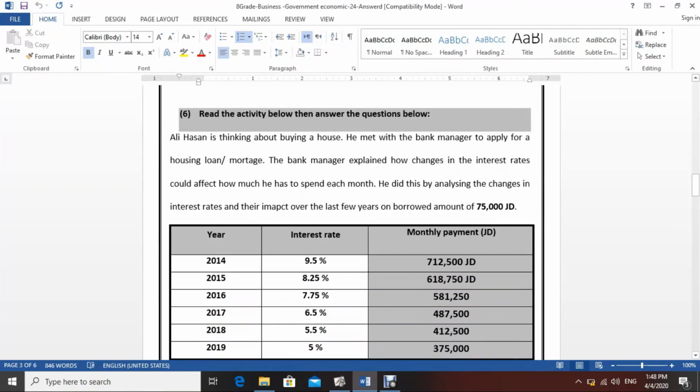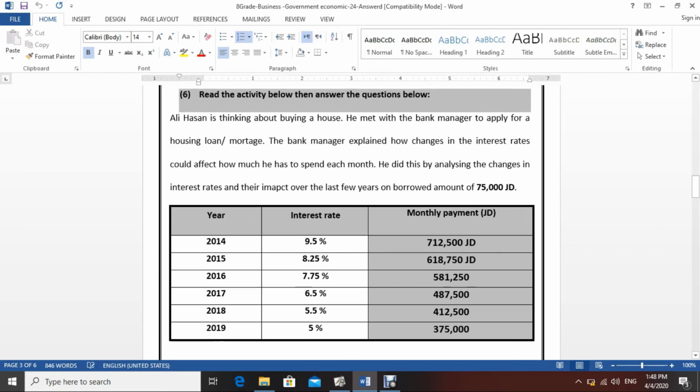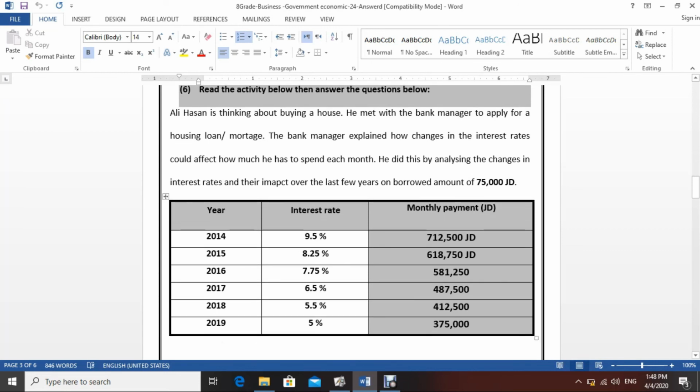Read the activity below. As you see, Ali Hassan is thinking about buying a house. He met with the bank manager to apply for a housing loan. He intends to buy a house for 75,000. What is the amount of money he should pay monthly?